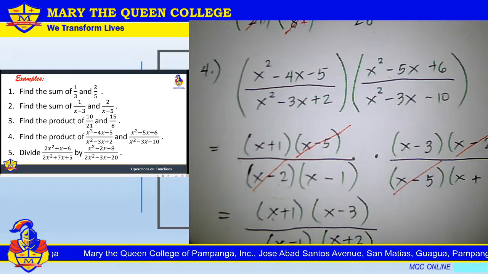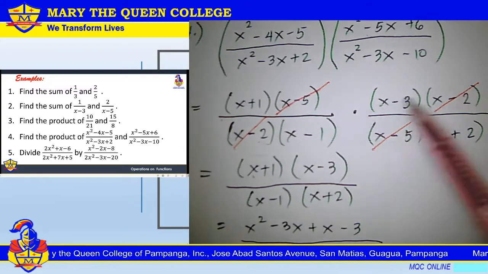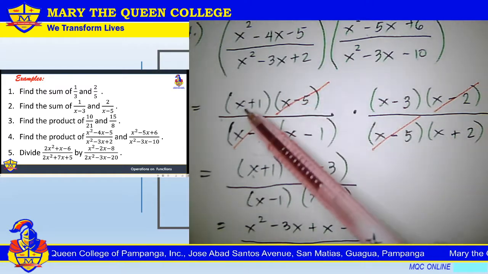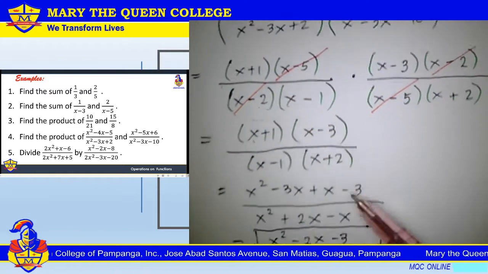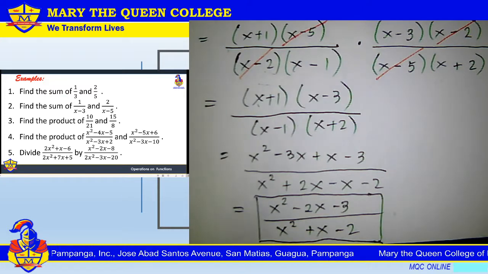Next, if we have the same factors on the numerator and the denominator, cancel them out. Then, yung mga natira, i-multiply, then simplify. So, that's how simple it is to multiply rational expressions po. Or to multiply polynomials na gagamitin natin sa operations on functions.